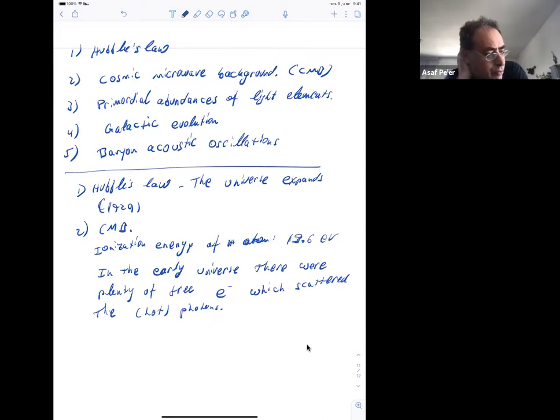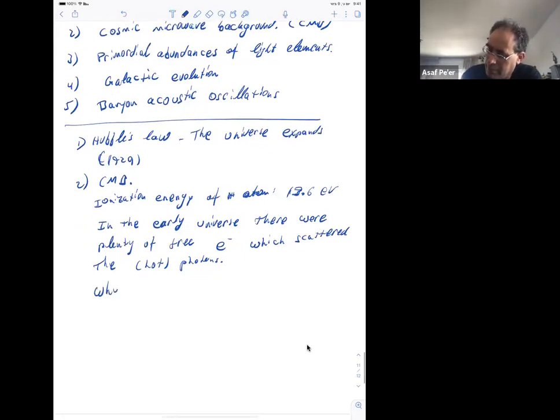Now, as the universe expanded, it cooled down. When it cooled down, eventually, the temperature was low enough so that electrons and protons could combine to form the atoms, right? Now, this is called recombination. Although the name is misleading because it's really the first time that atoms were formed, not recombined.